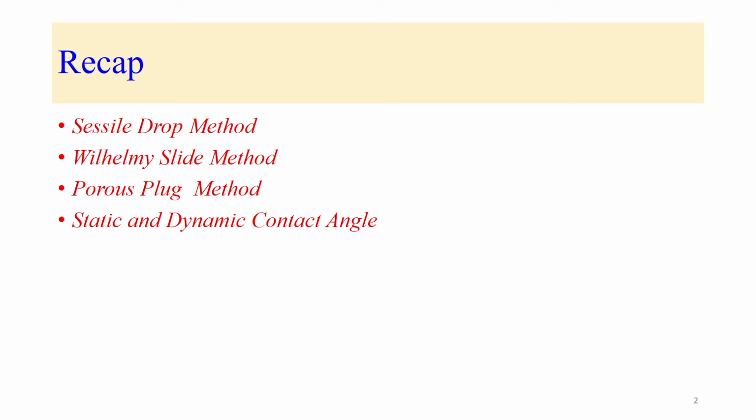Also, we will see a few examples particularly based on the contact angle method to determine the surface energy of solids. Also, we will see how we can measure the adhesion force, and from the adhesion force we can calculate the surface tension.